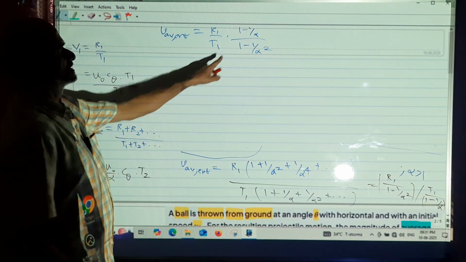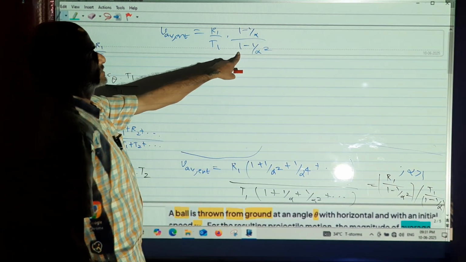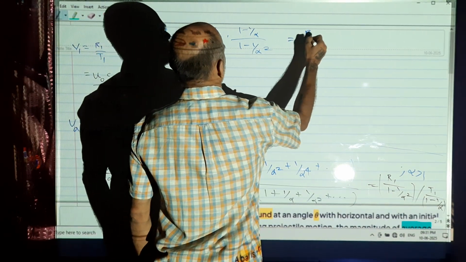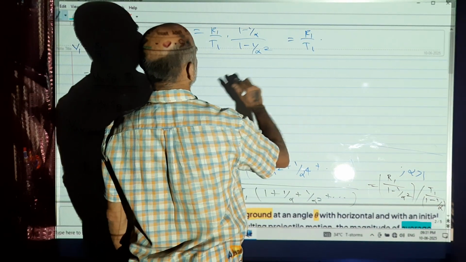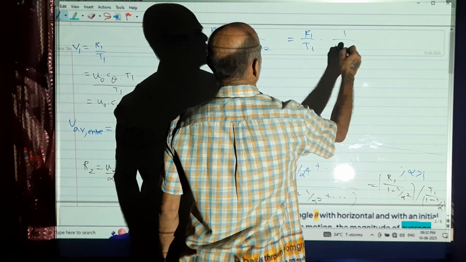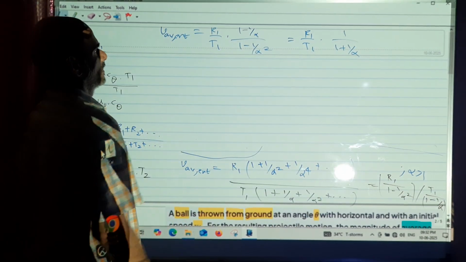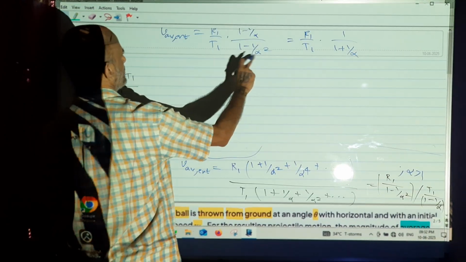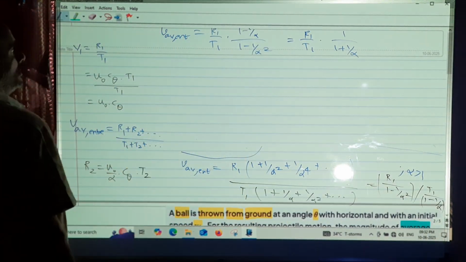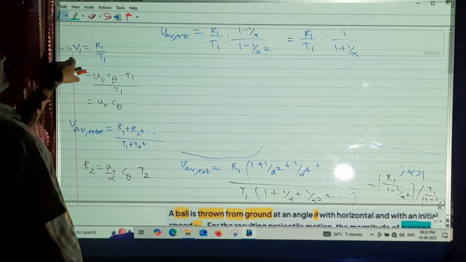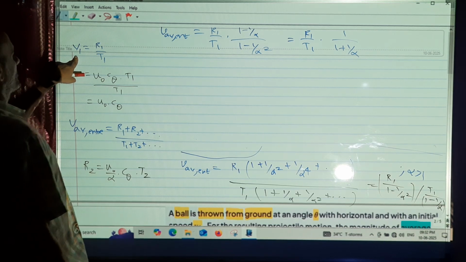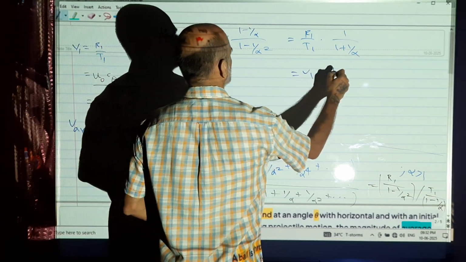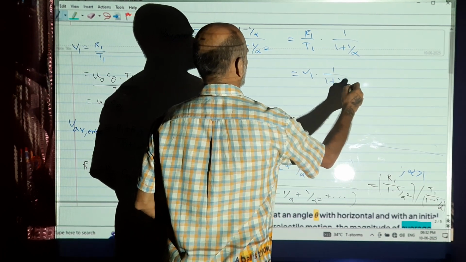Here A square minus 1 is the same as 1 square minus B square, so A plus B into A minus B. If you do that, A minus B will cancel with the numerator, and you'll get R1 by T1 into 1 by 1 plus alpha. And R1 by T1 is given as V1 in the question. So this is V1 into 1 by 1 plus alpha.